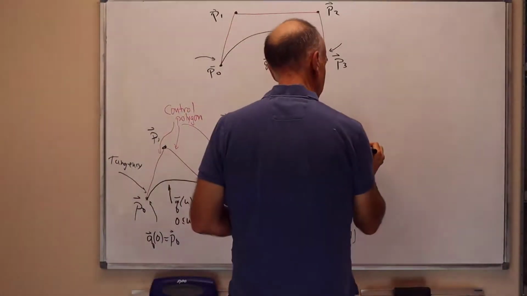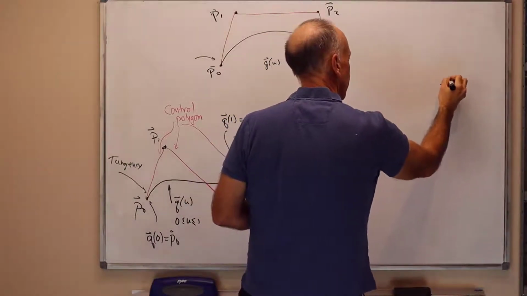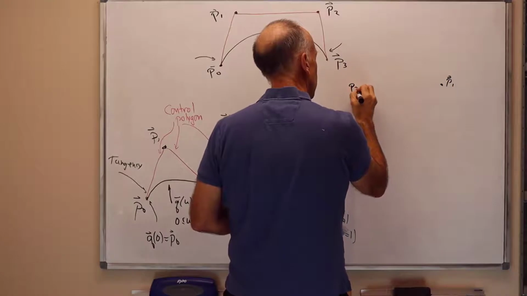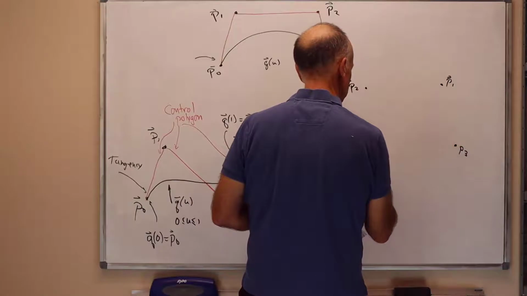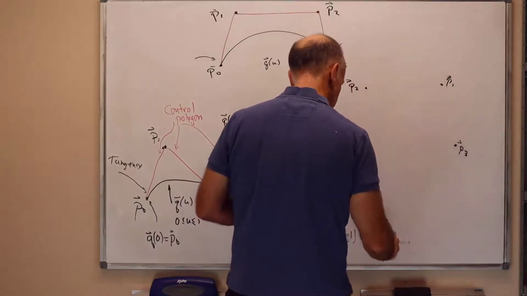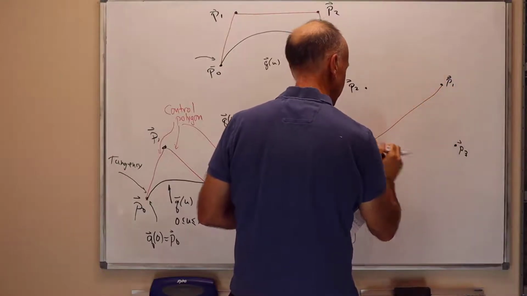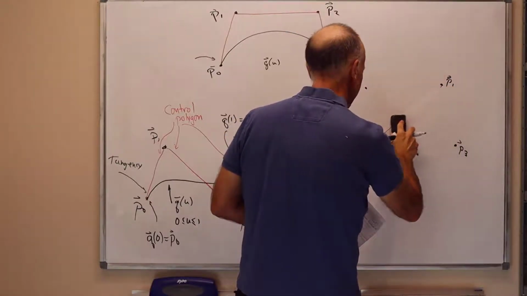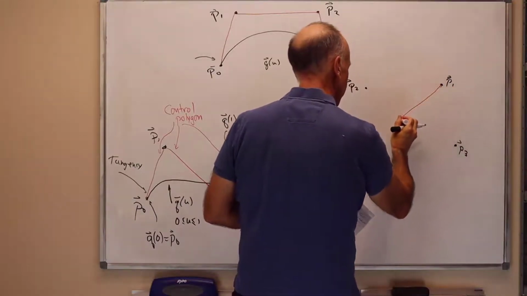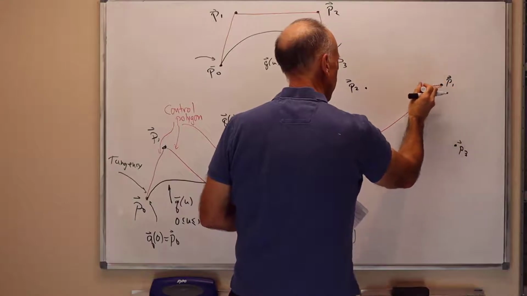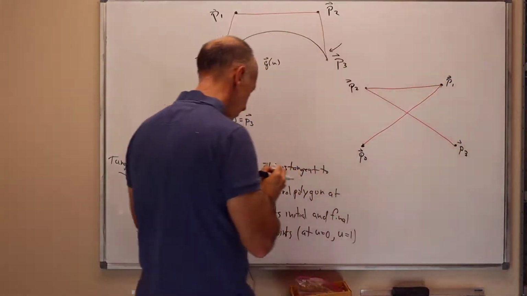Another way you could arrange the points is we can have P0, P1, P2 and P3. And now the control polygon is the straight lines going like this. It's not very straight. So now the control polygon actually crosses itself.